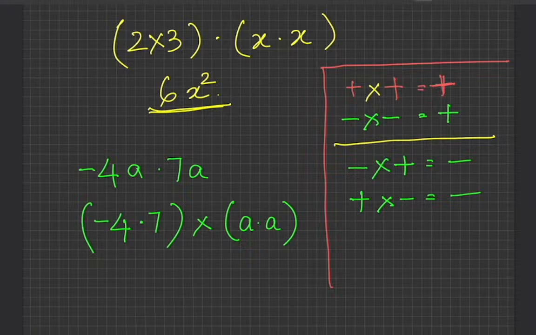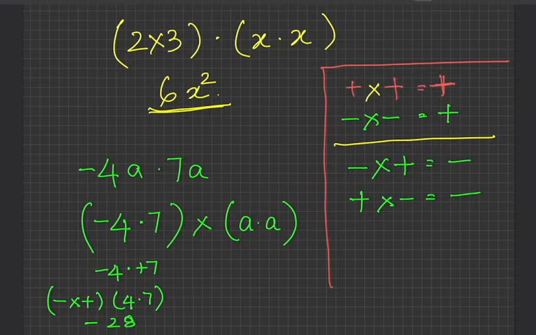So here I have negative 4 times positive 7. Now negative times positive will give me negative, and 4 times 7 will give me 28.